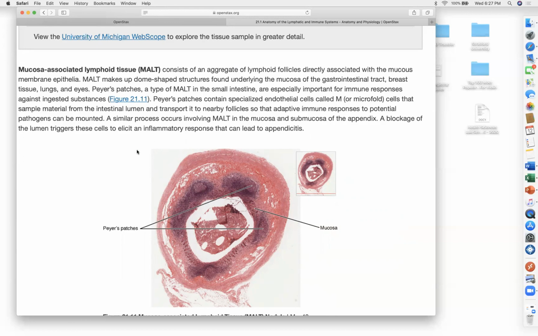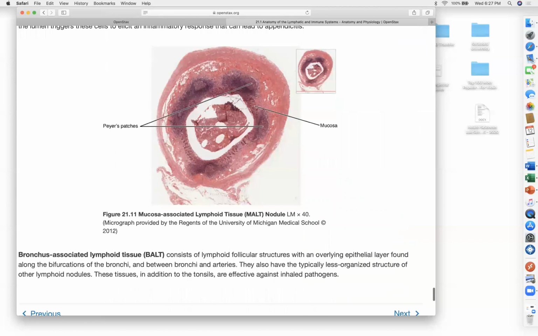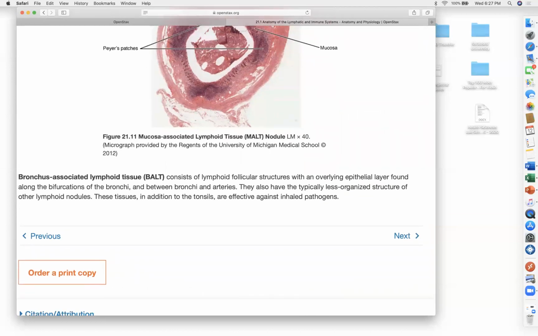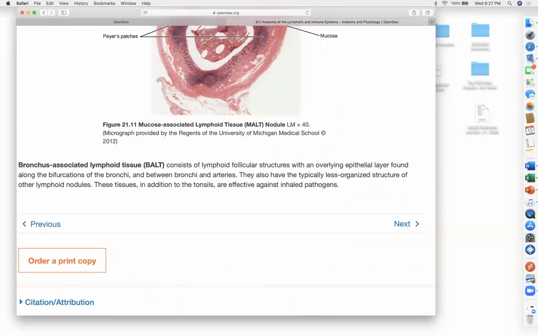And that is called your MALT, M-A-L-T, okay? And your BALT, same thing, but now it's in your bronchus, which is your lungs. Because who else gets exposed to a lot of pathogens?